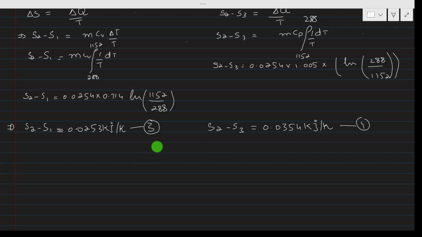Now subtract equation 3 from equation 4.